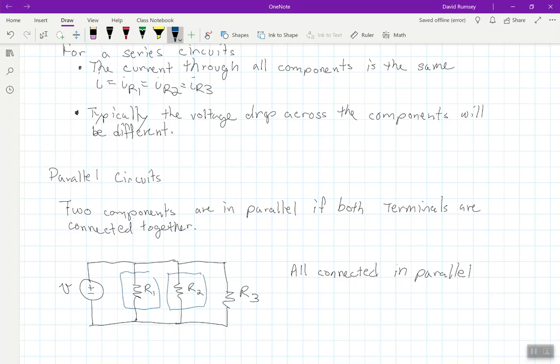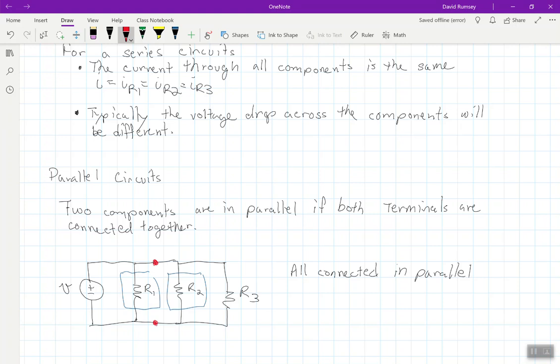So we're going to see, are these devices in parallel? And then we can clearly see that we have a node up here that's connecting, if we call this the top terminal, terminal 1. So this node here is connecting terminal 1 of those two resistors together. And then we can see this node at the bottom here is connecting terminal 2 of those two resistors together. So R1 is in parallel with R2.